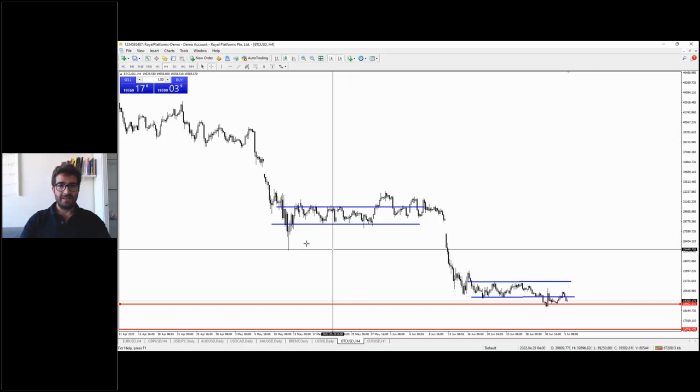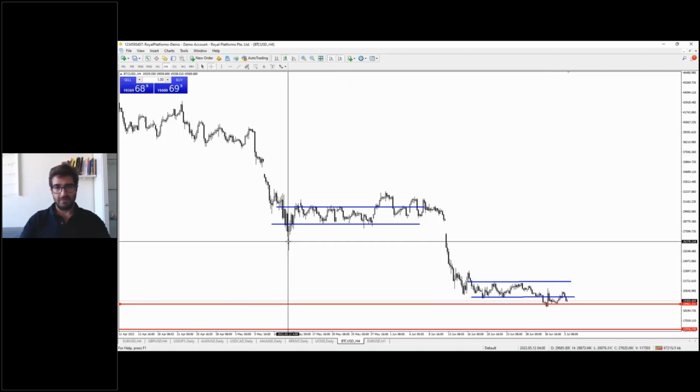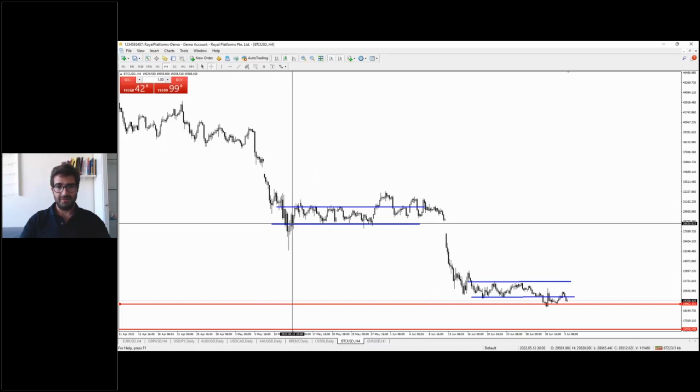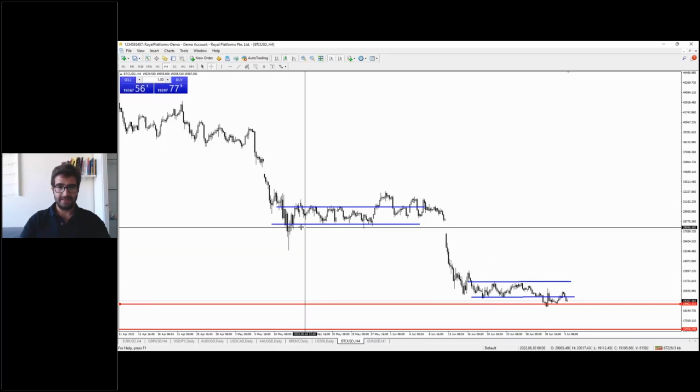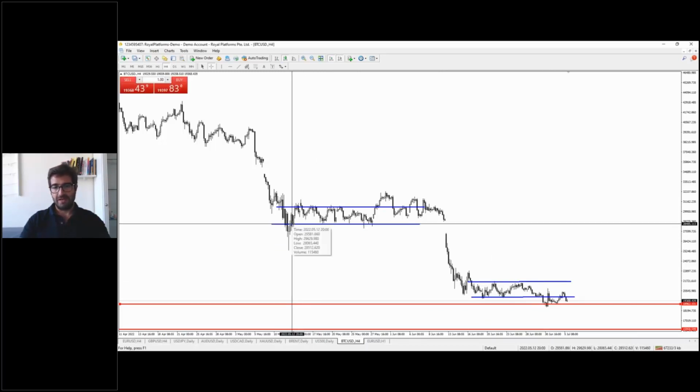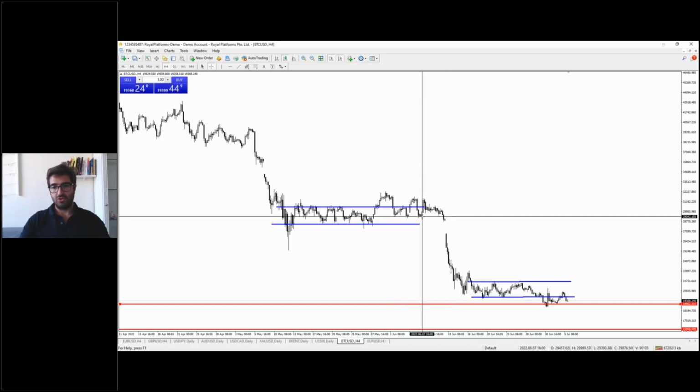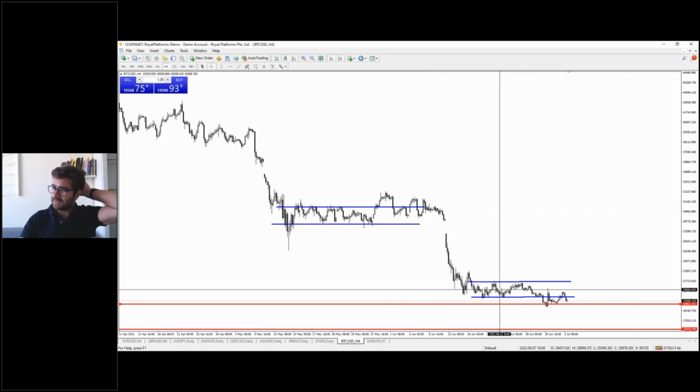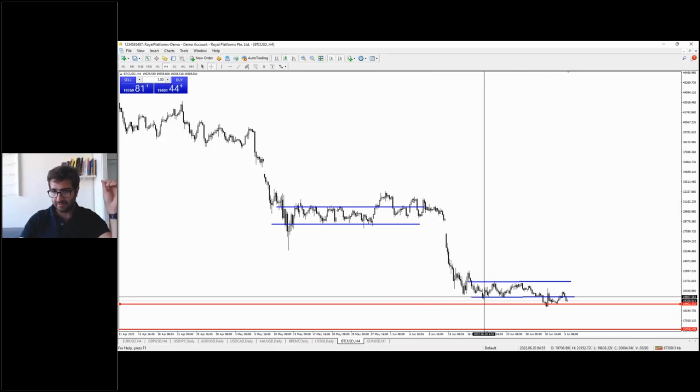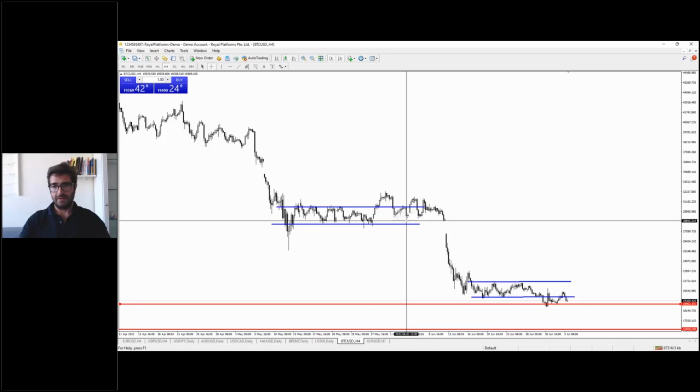What I did last week, I measured the previous range, which looks like this, so we can have an idea how long most probably this will take. This range was established from May until June, so it took one month to be built up, and this might take around the same period.